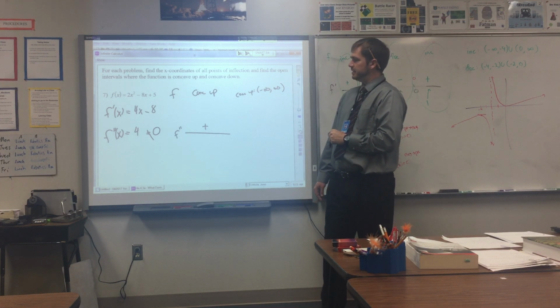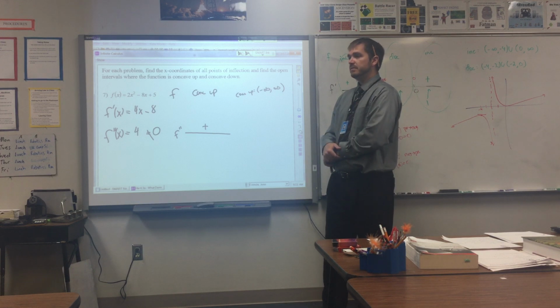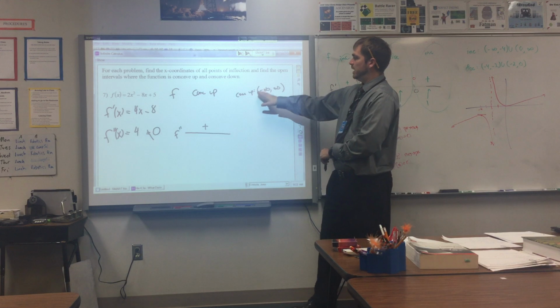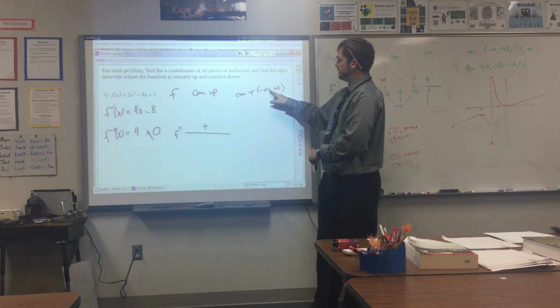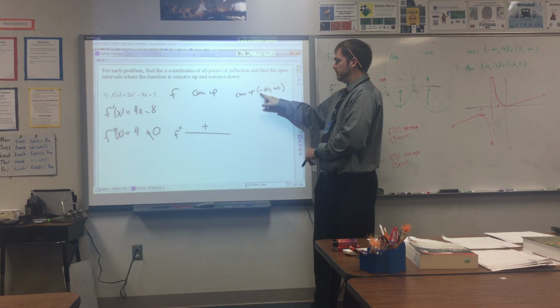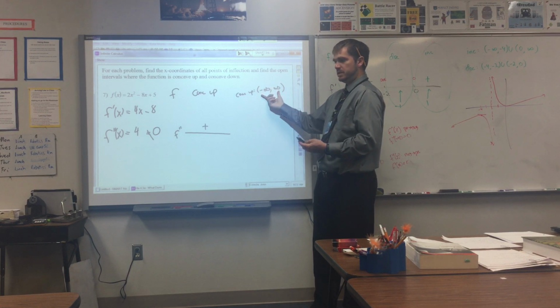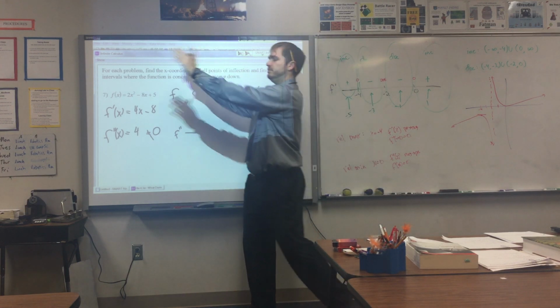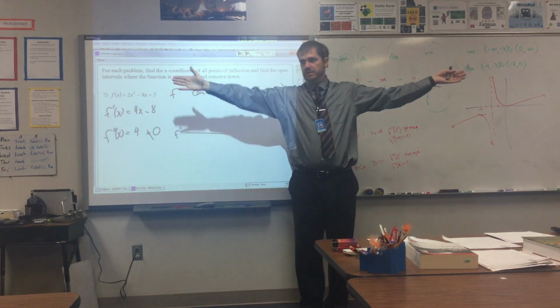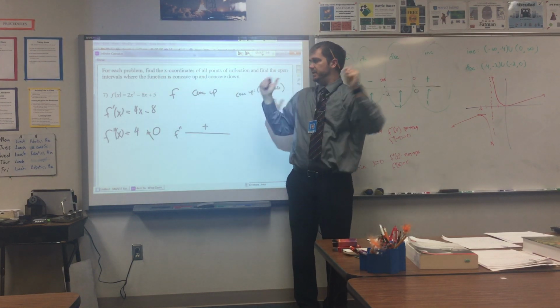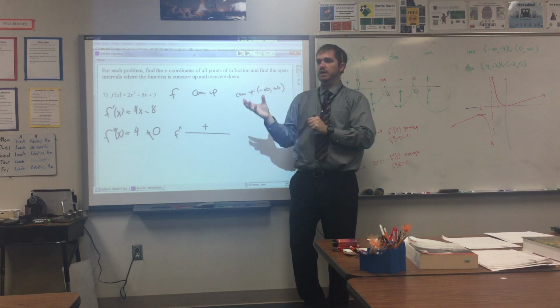Because these are the x values from negative infinity all the way to positive infinity along the x-axis, this function is concave up.